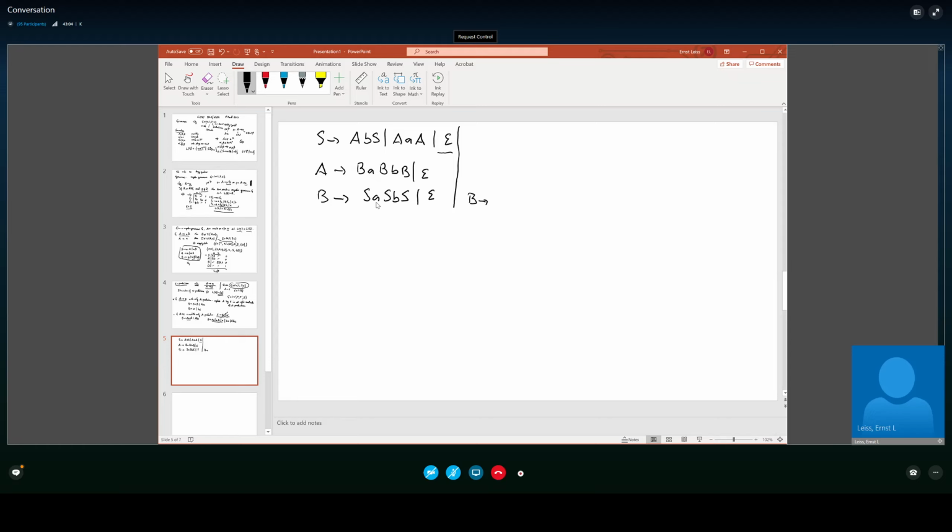Which means that there are 8 different right-hand sides of the production B that arise from that first production B goes to SAS, because for each of those 3 locations, I can replace the S either by epsilon or I don't.